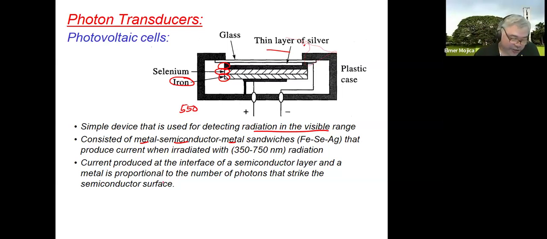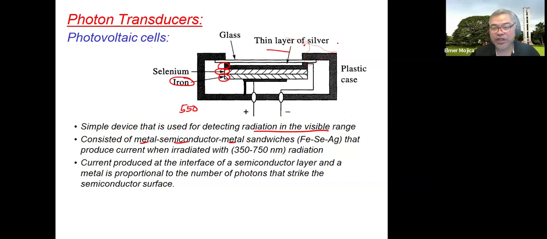Okay. So the photovoltaic cell consists of a flat copper or iron electrode, which in this case is iron, on which you deposit a semiconducting material, in this case selenium. The outer surface of the semiconductor is coated with a thin transparent metallic film of silver.